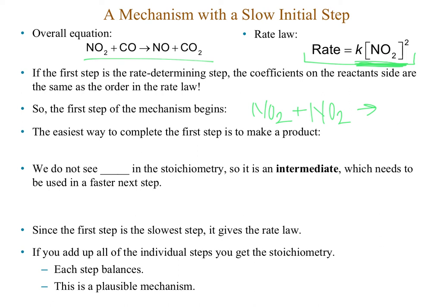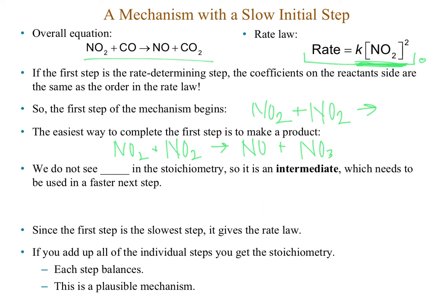So one possible mechanism could be nitrogen dioxide plus nitrogen dioxide goes to nitrogen monoxide plus nitrogen trioxide. How do we know? We don't. It's just a mechanism trying to explain what we see with our rate law.